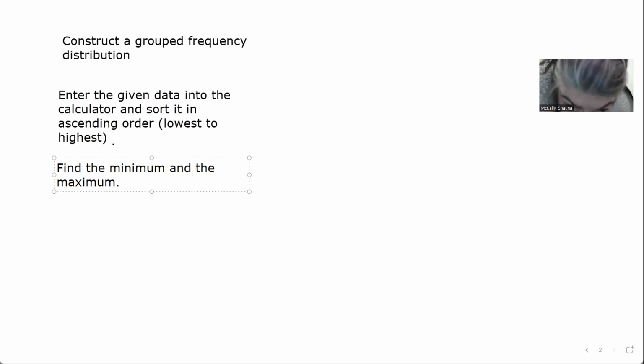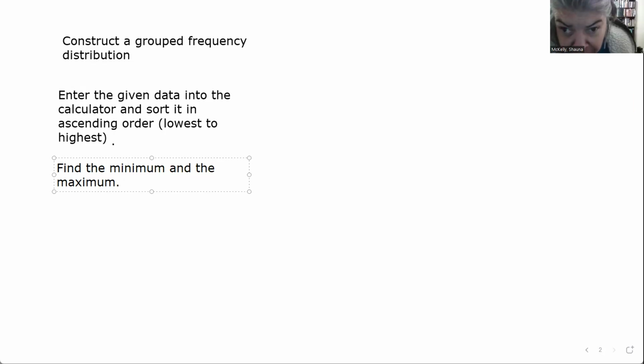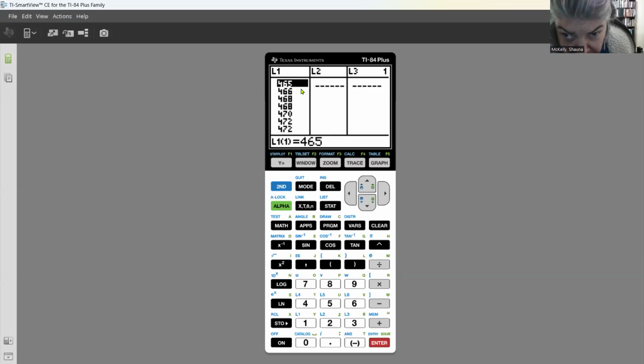You're going to learn a few ways, but probably the easiest way right now, with what we know in the course, is the lowest number, because you've sorted it, is going to be at the very top of your list. So the lowest number here is 465. And now the highest number is going to be at the bottom. And you could scroll down using the arrow keys. You could scroll all the way down. And you could find that it's 514. So 465 and 514.